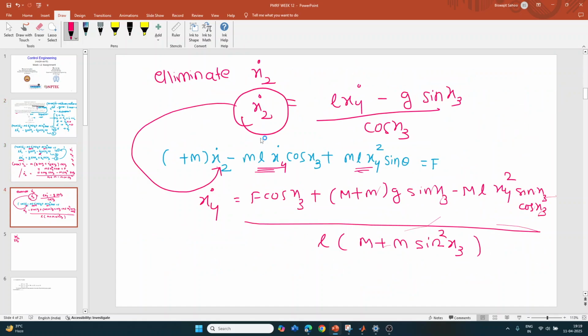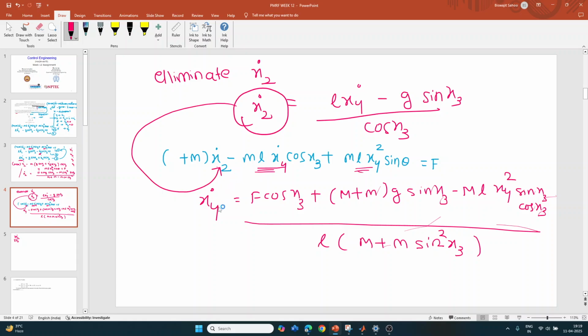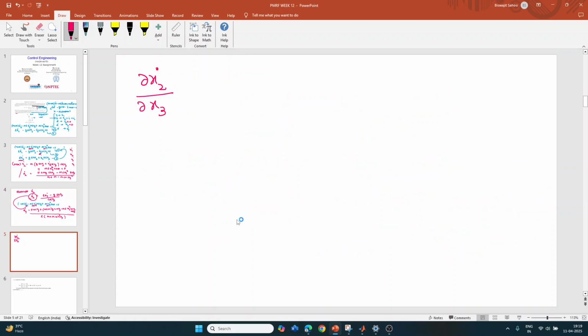Then you have to differentiate all these variables, x2 dot and x4 dot. So x2 dot partial derivative with respect to x3, then x4 dot partial derivative with respect to x3.